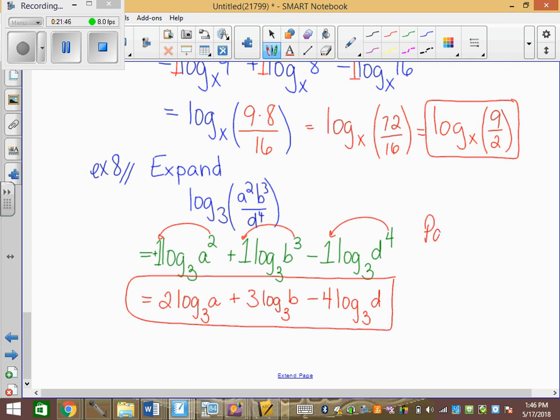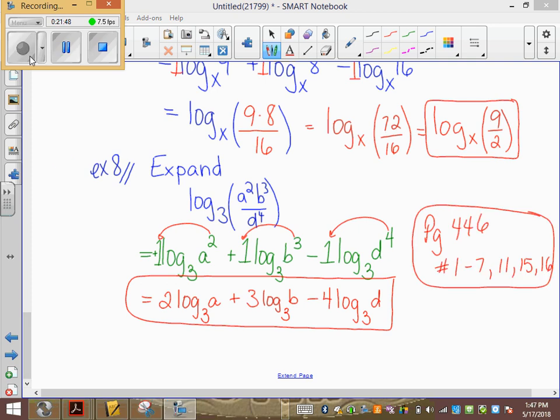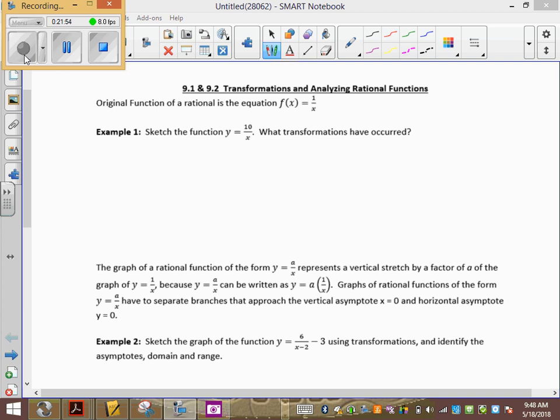So 9.1 and 9.2, transformations and analyzing rational functions. So the original function of a rational is the equation f of x equals 1 over x. So type it into your calculator.